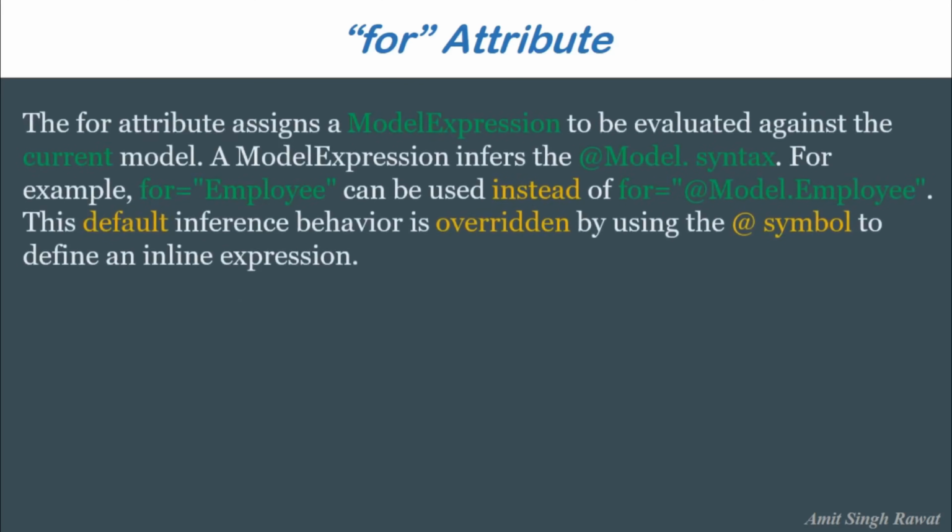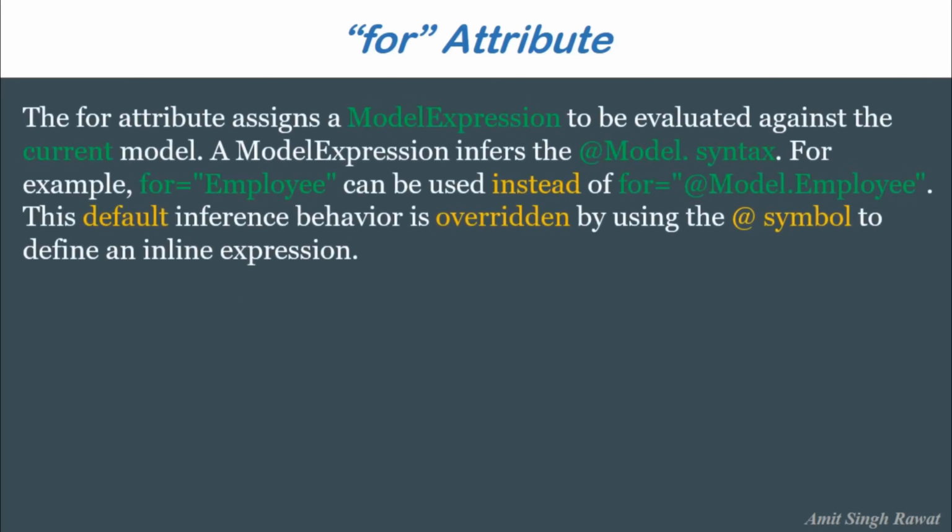Let's read the definition first. The for attribute assigns a model expression to be evaluated against the current model. A model expression infers the @Model syntax. For example, for is equal to employee can be used optionally instead of @Model.employee.